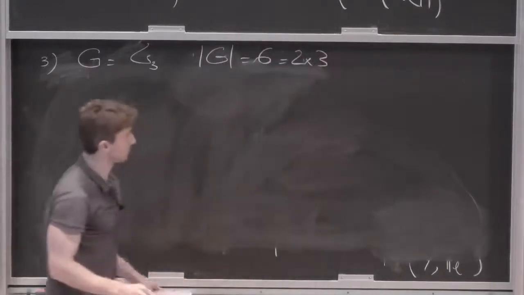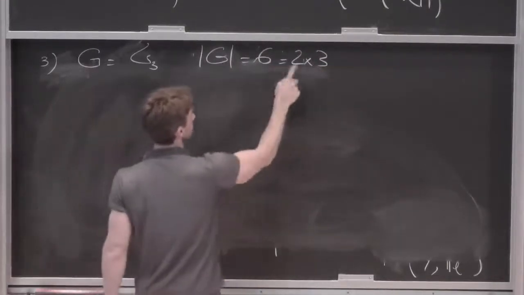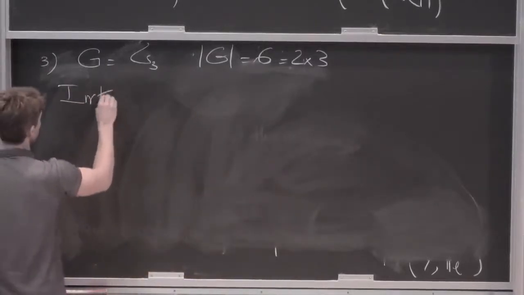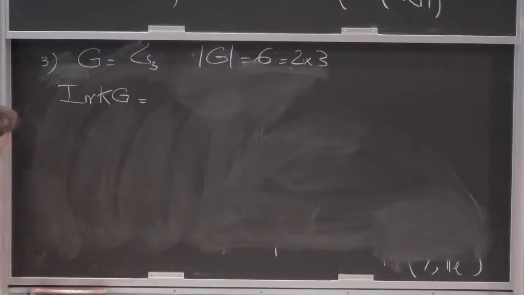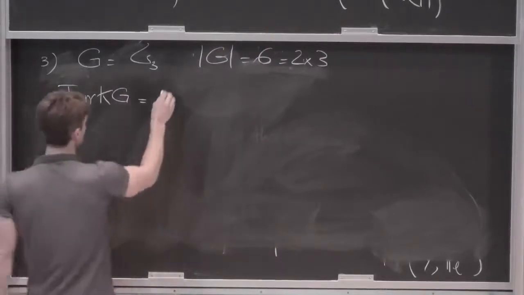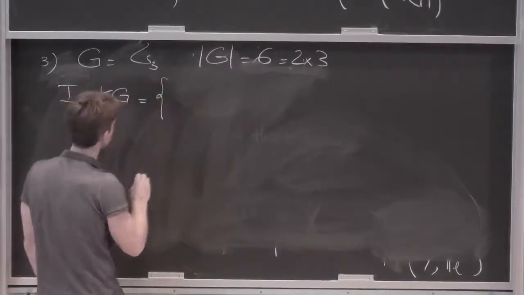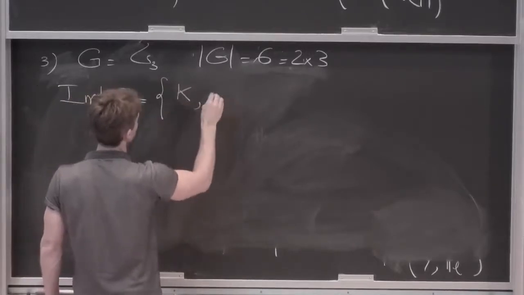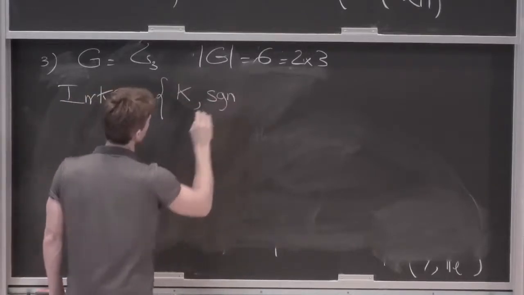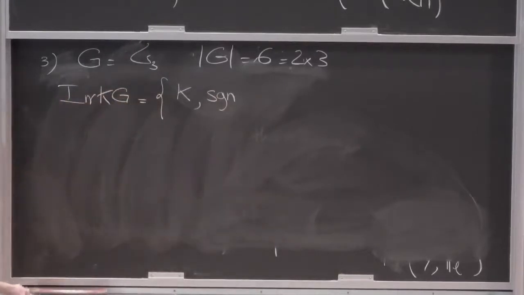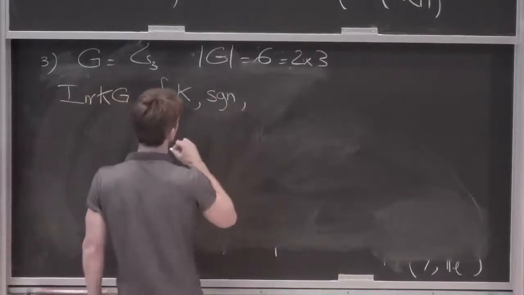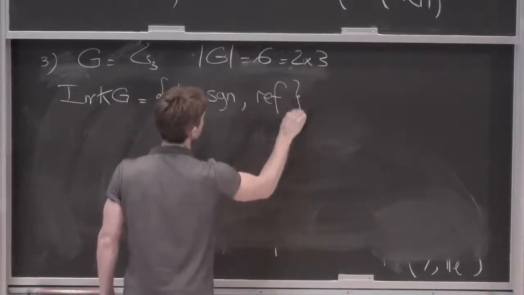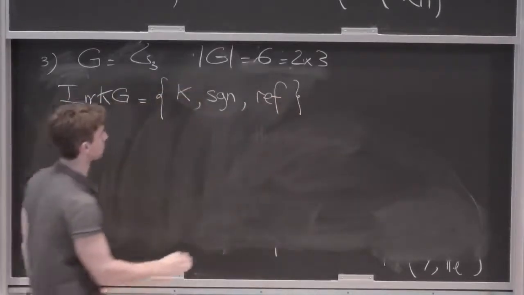So there will be two interesting cases, 2 and 3. So if you look at the representations over K again, you have 3 representations, 2 of dimension 1. The trivial representation is denoted by K. The sign representation has dimension 1, but the transposition will act by -1 on this one. And there is the reflection representation, ref, which has dimension 2.